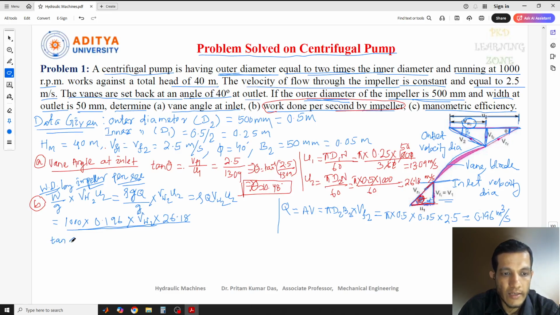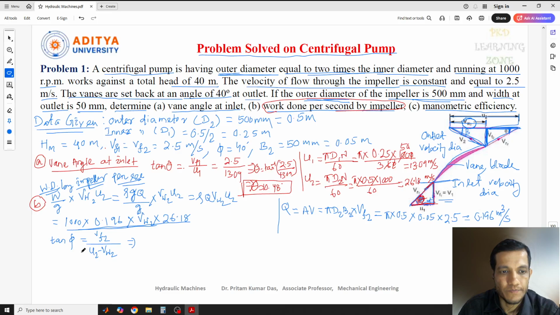So at the outlet condition, from the outlet velocity triangle, we can write tan phi equals Vf2 divided by the base. The perpendicular is Vf2 and the base, whose value we don't know, is the total length U2 minus this length. So the base is U2 minus Vw2, and Vw2 is unknown, which we can find out.